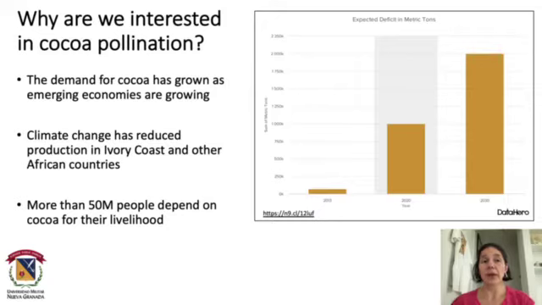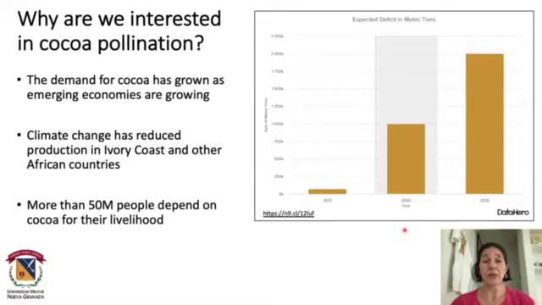In recent decades, the demand for cocoa has grown, and currently there is a growing deficit of cocoa production. Production that has also been lowered by climate change in those dry African countries.